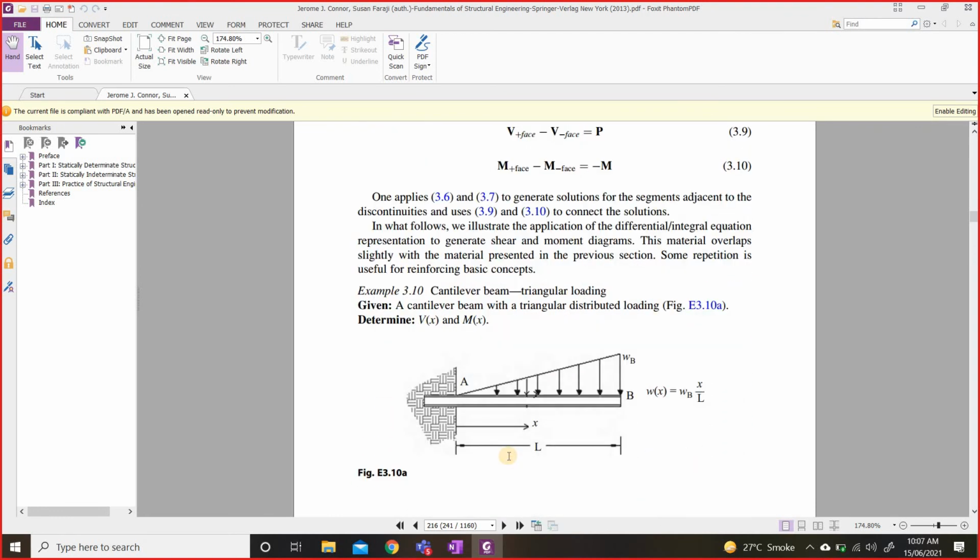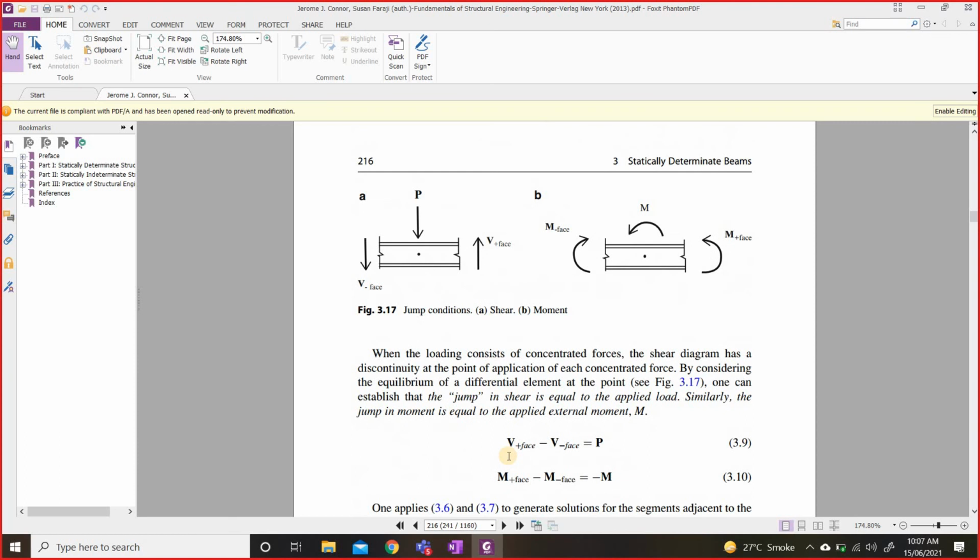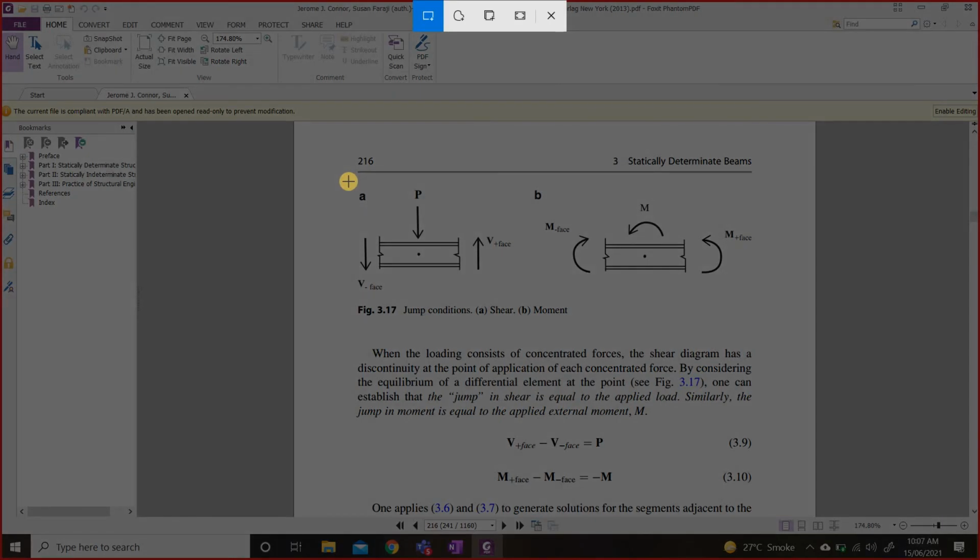So let's now apply these concepts. Let me just write these things down for you and then we can discuss them.